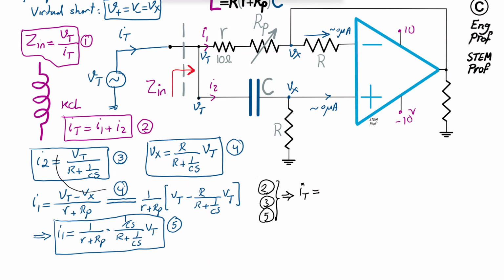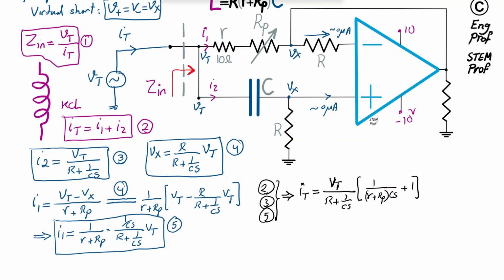So I can factor out Vt divided by R plus 1 over Cs to make life easy. The rest becomes, for I1, simply 1 over R plus Rp times Cs in the denominator, and for I2, we just have 1. That's it.